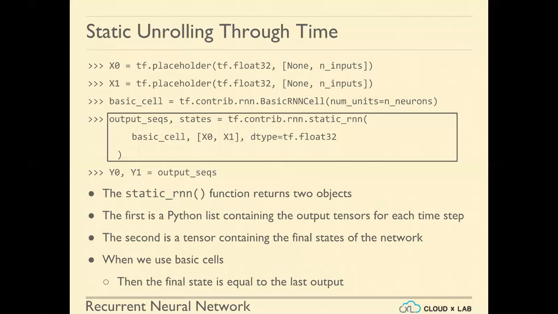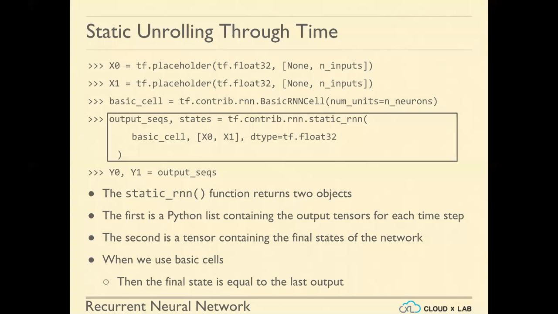The static RNN returns you 2 objects. One is the entire sequence of output objects, and the final state. These are the two things you will get as a result. The first is a Python list containing the output tensors of each time step.